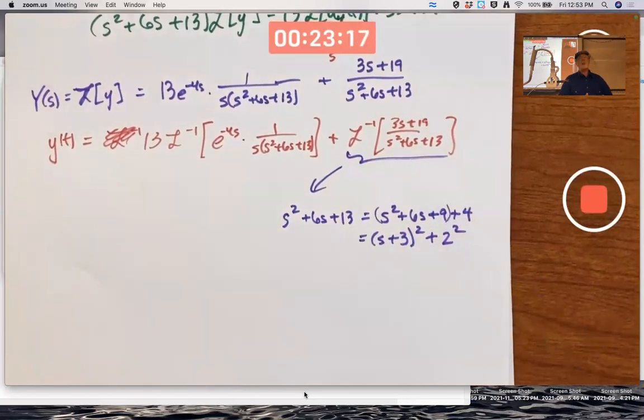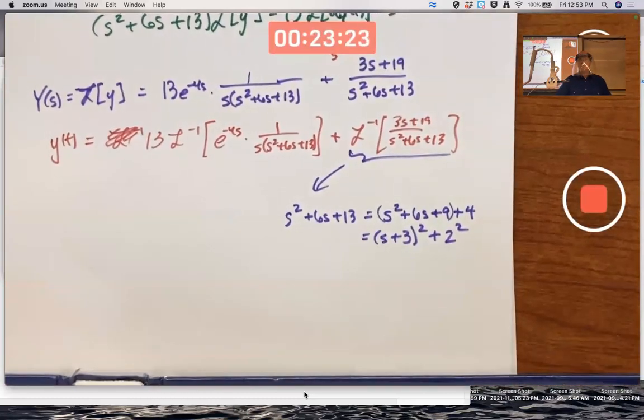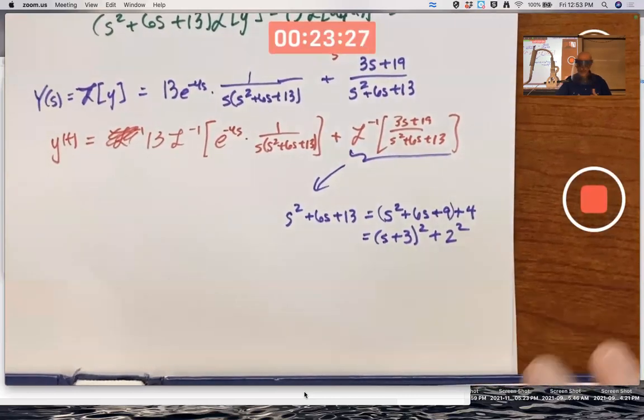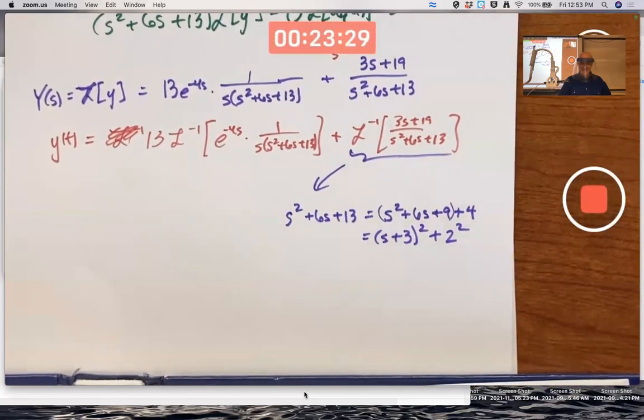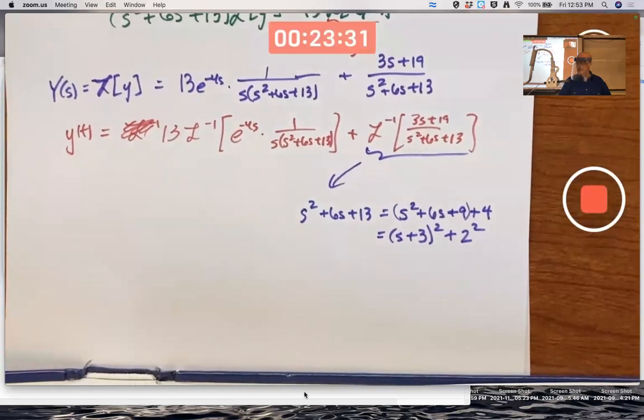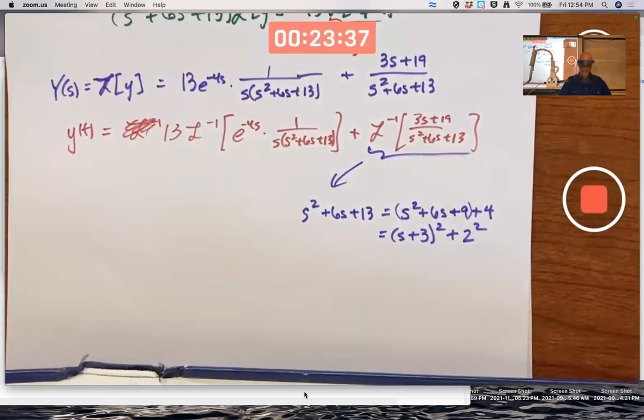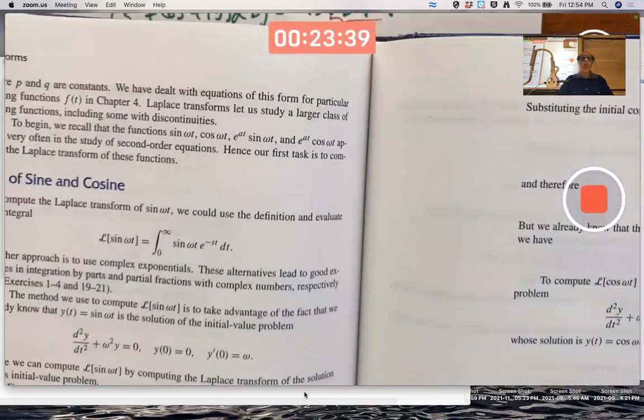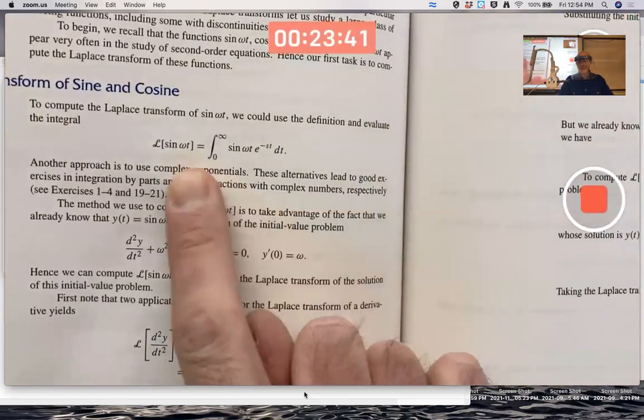And the reason this is helpful is twofold. One reason it's helpful is because it's going to help relate to cosines and sines. In section 6.3, they derive, first of all, the Laplace transform of sine of omega t.